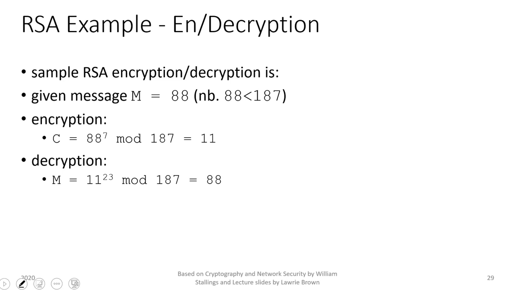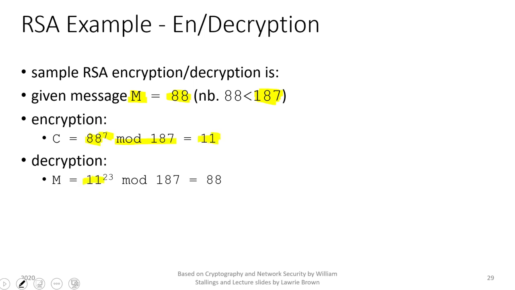As an example, if the message is 88, then we would have to choose an n that is greater than 88. So let's say we choose 187. Then 88 to the power 7 modulo 187 is 11.